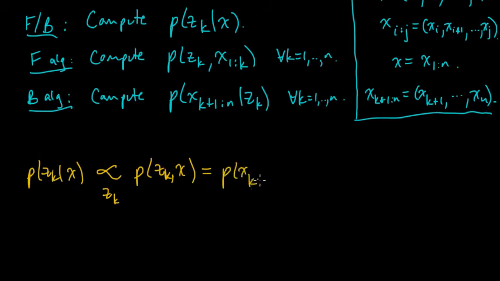We can break up x, remember, this is x1 through xn, into x1 through k and xk plus 1 through n. So I'm going to condition on zk and x1 through k, times the probability of zk and x1 through k. So we can always do this.